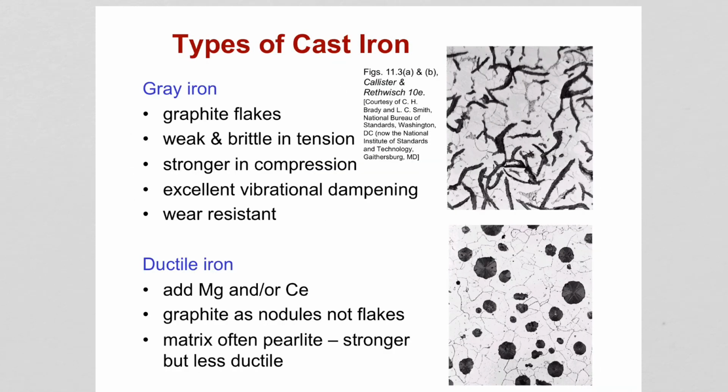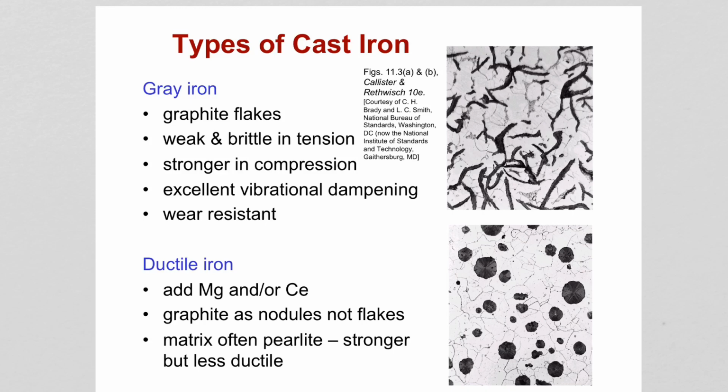Alright, so we're going to take a look at different types of cast iron, and I want you to get familiar with how the structures of different cast irons look under the microscope, because I can show you these images in the exam, and I can ask you what type of iron is being represented by a microscopic image. So gray cast iron has between 2.5 to 4% carbon and between 1 to 3% silicon.